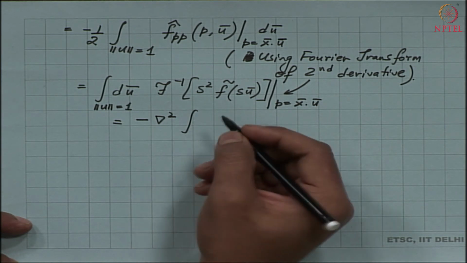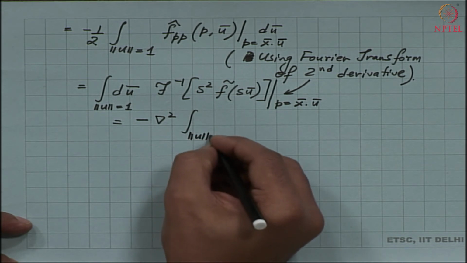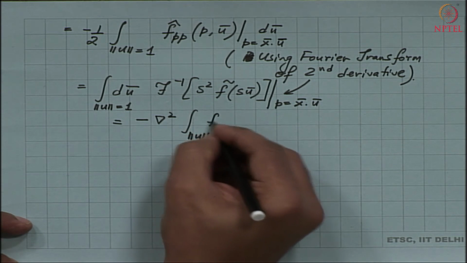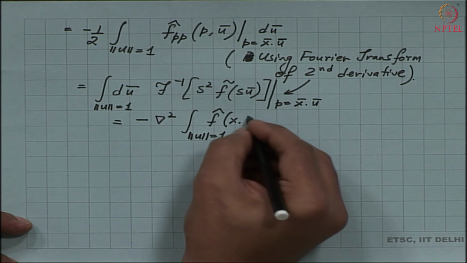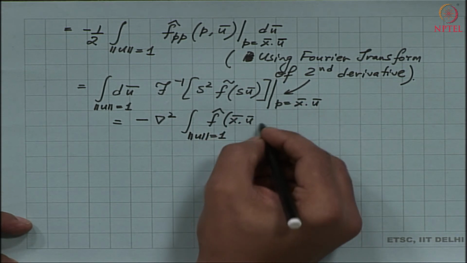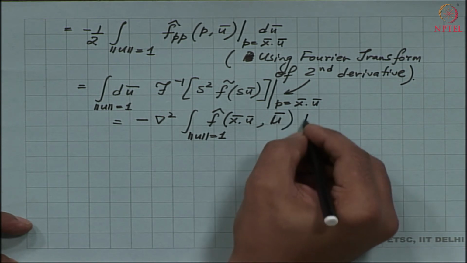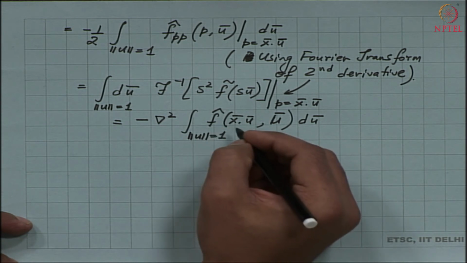So, this is also the negative Laplacian of the Radon transform of the function over the hyperplane with the direction cosine given by u bar.